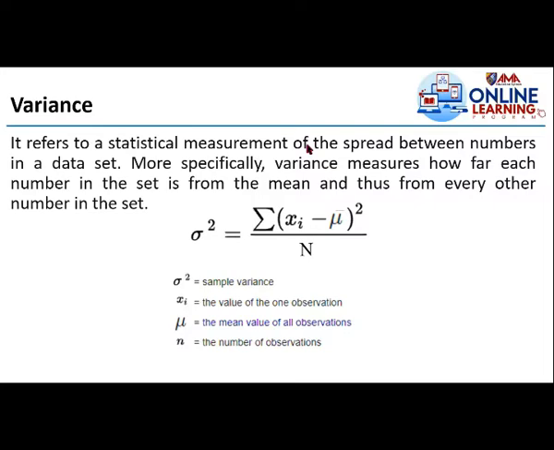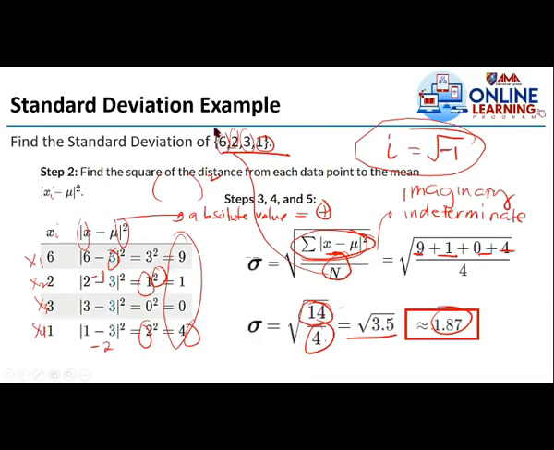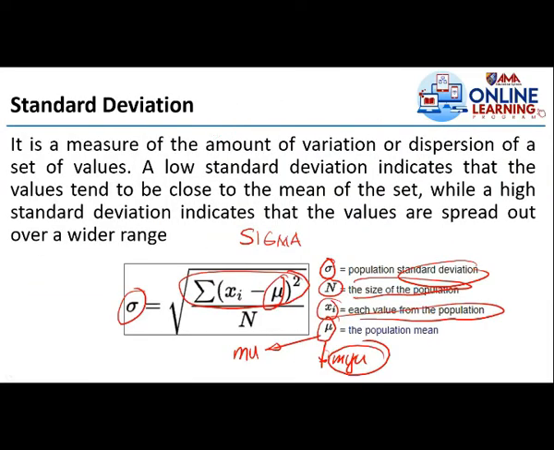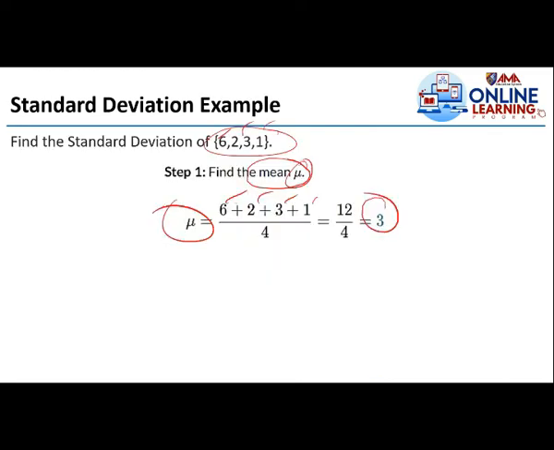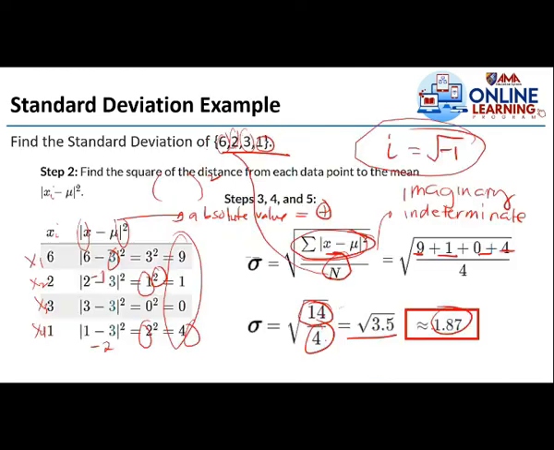So variance refers to the statistical measurement of the spread between numbers in a data set. More specifically, variance measures how far each number in the set is from the mean and thus every other number in the set. So as you can see, yung definition ng variance and standard deviation is the same. So yung variation is dispersion between set of values and how far those values are from the mean.